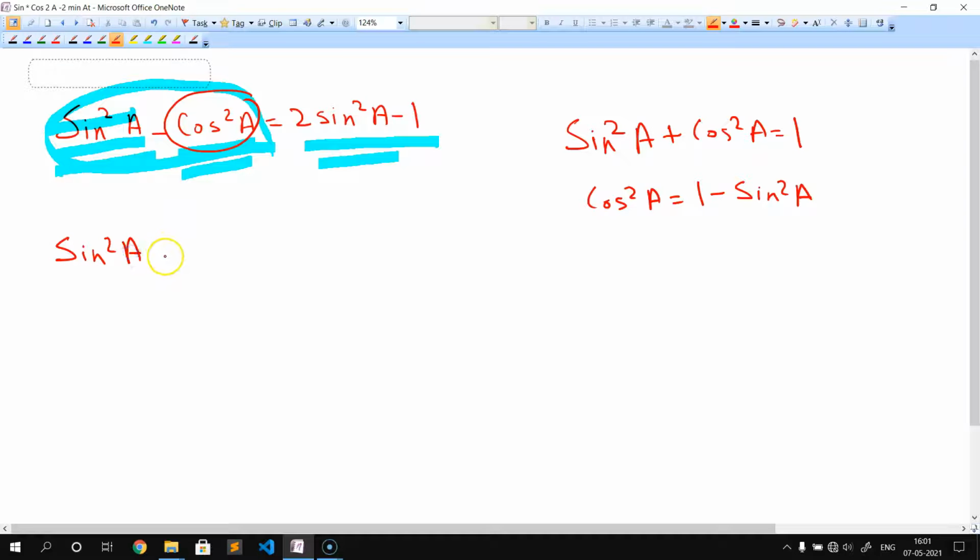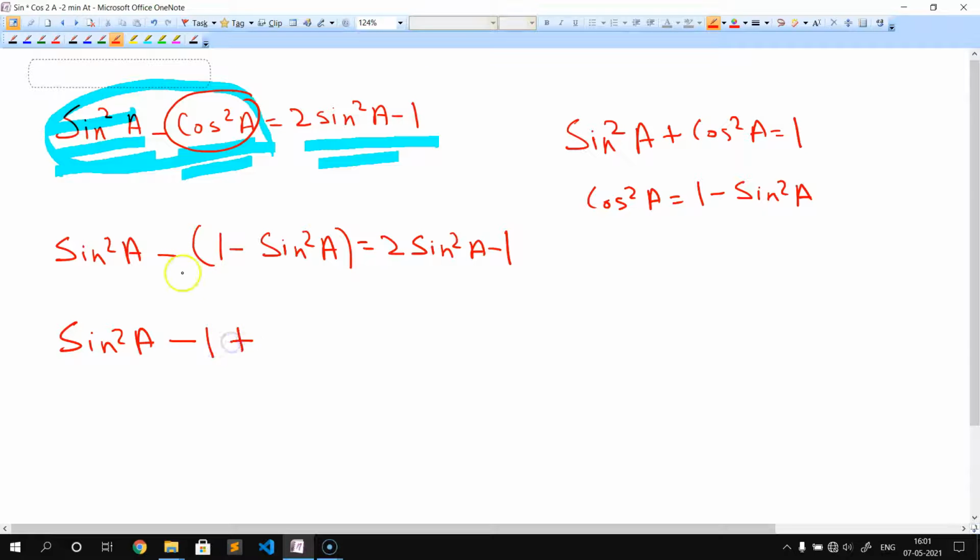Sin square a minus (1 minus sin square a), which is equals to 2 sin square a minus 1. So when we open the bracket with multiplication of minus, it will become minus 1 plus, minus minus plus sin square a, which is equals to 2 sin square a minus 1.